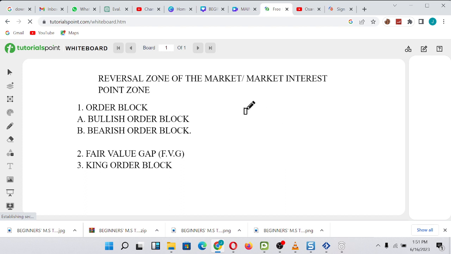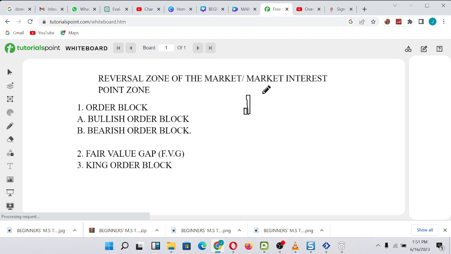If you remember in our last class, we talked about what? Expansion, distribution, impulsive move, right? So don't mind my drawing now.